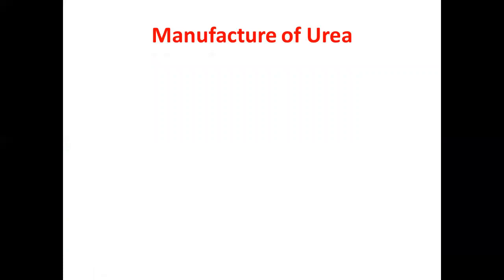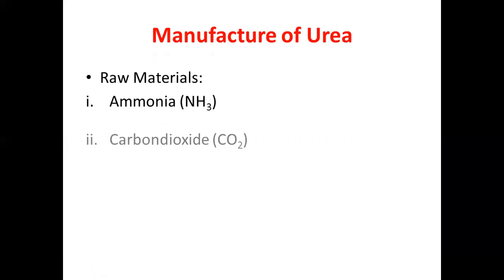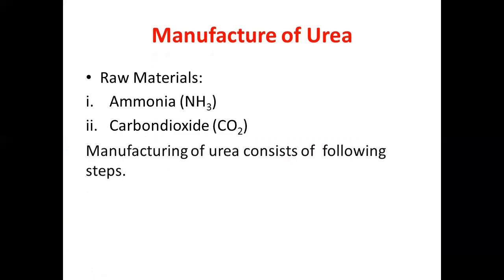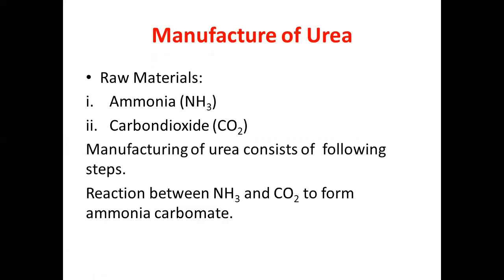How can urea be manufactured? Urea can be manufactured by using raw materials like ammonia and carbon dioxide. Manufacture of urea consists of the following steps. The first step is the reaction between ammonia and carbon dioxide to form ammonium carbamate. Ammonia reacts with carbon dioxide to form ammonium carbamate and water.